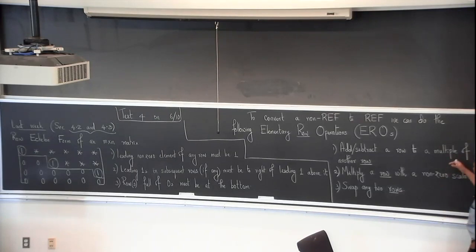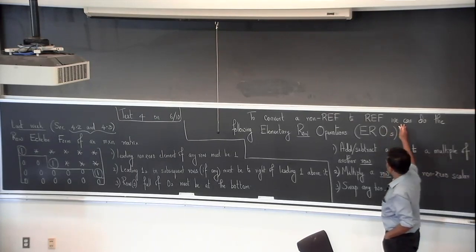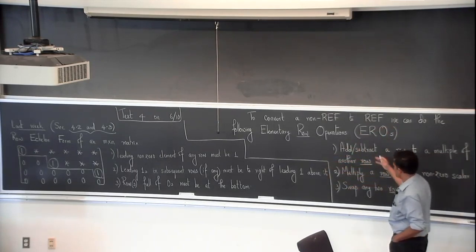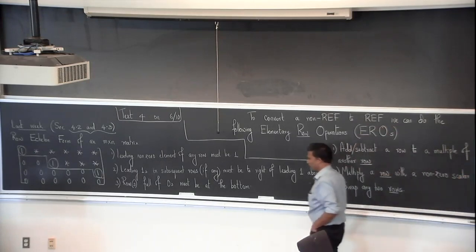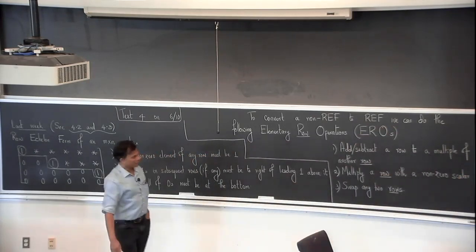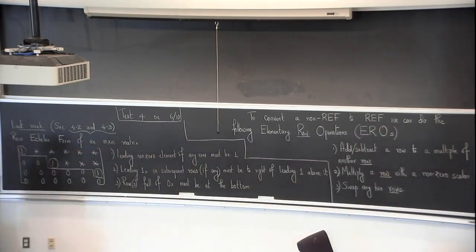Again, all these things are done with some purpose in your mind. You're trying to get some kind of structure for the matrix. So this is not some kind of a random process that you just keep doing without any particular aim. So we'll start with a couple of examples with this and then show you how to make use of this in solving equations. So that's where we were.